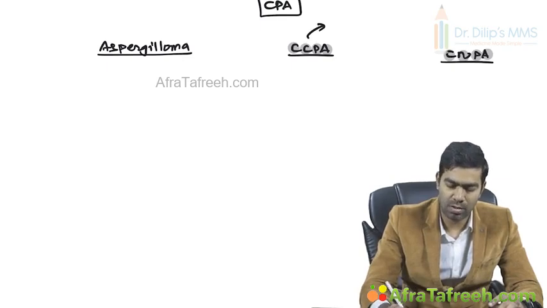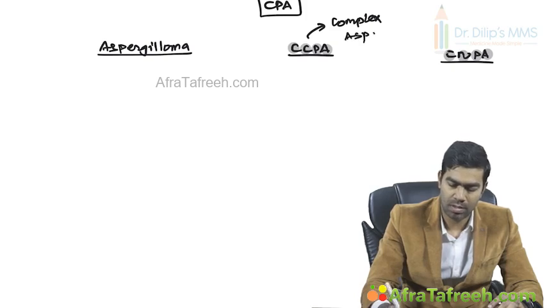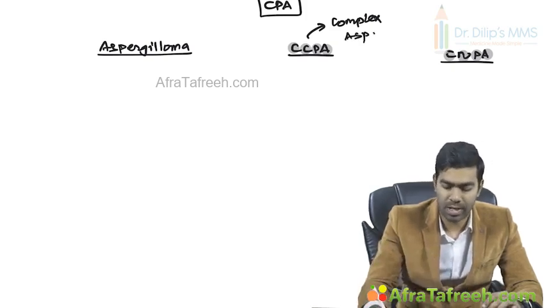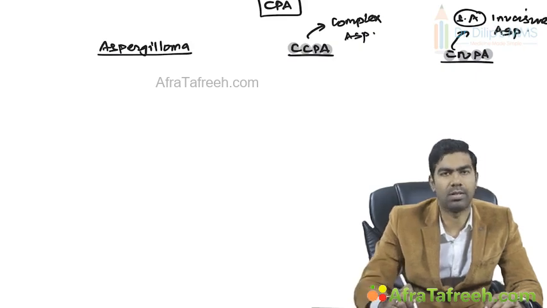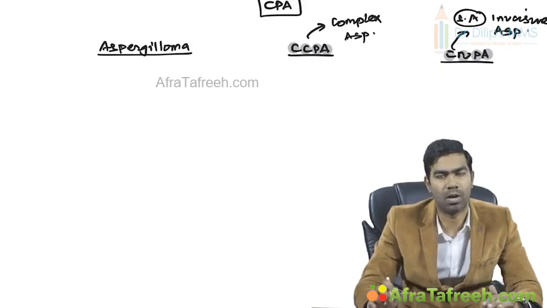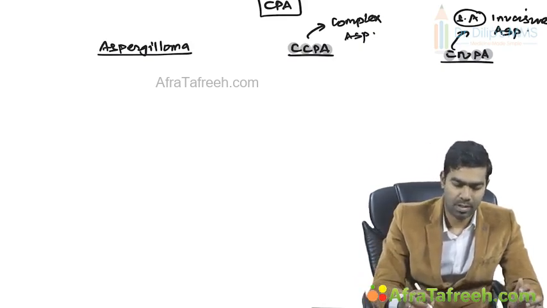This CCPA is also referred to as a complex aspergilloma, and the CNPA can also be called as subacute invasive aspergillosis. But these terms are best avoided. The right term is to use CCPA or CNPA.